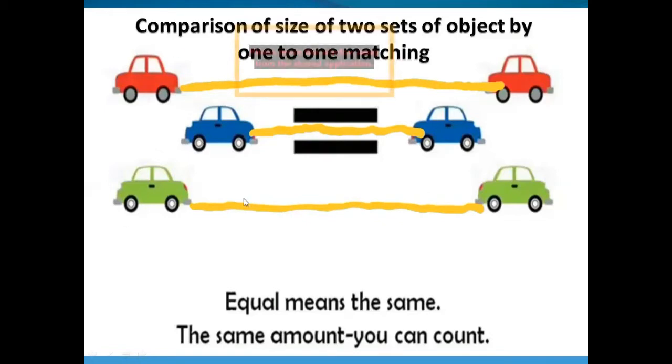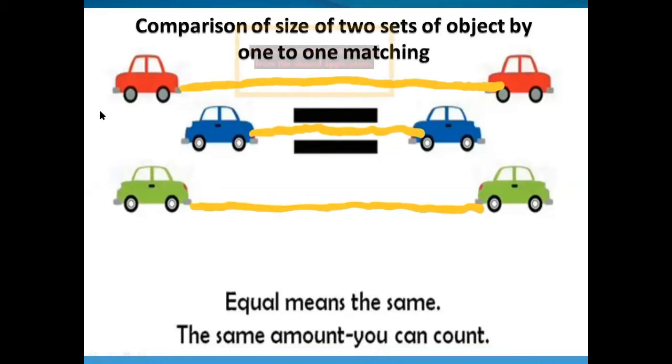So these are the two sets of cars. In one set we have three cars and in the other set we also have three cars. Drawing an object-to-object line between each pair of cars, we find that each car has another car. As you see here, the cars are in the same quantities.